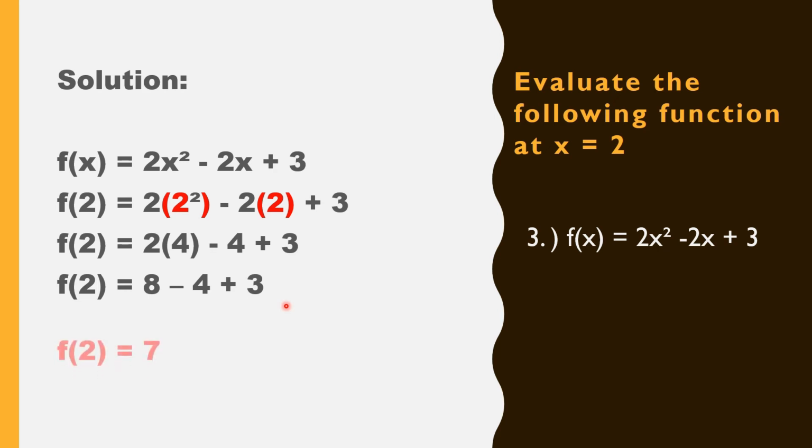And then simplify further, we have f of 2 equals 8 minus 4 is 4 plus 3 equals 7. So the value of f of x equals 2x squared minus 2x plus 3 at x equals 2 is 7.